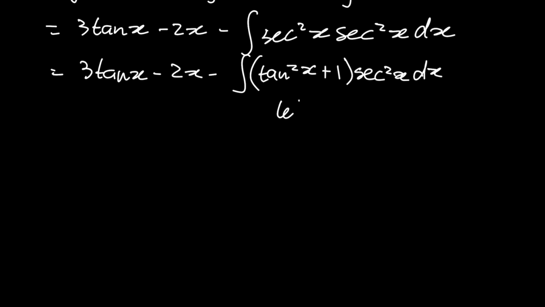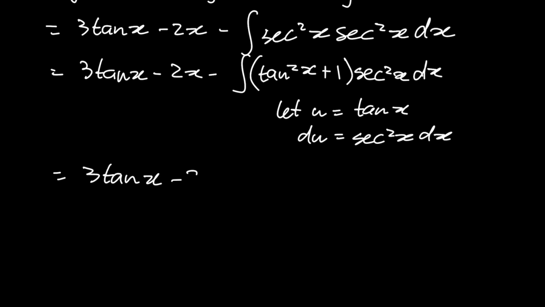So let's let u equal tangent of x. So therefore our derivative of u in terms of x is secant squared of x. So now substituting those back in, we have u squared plus 1 still, and then for secant squared of x dx, we're going to substitute in du.